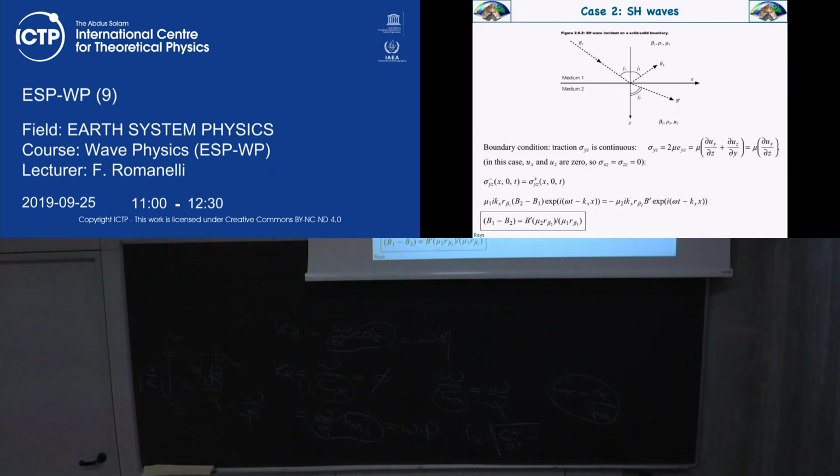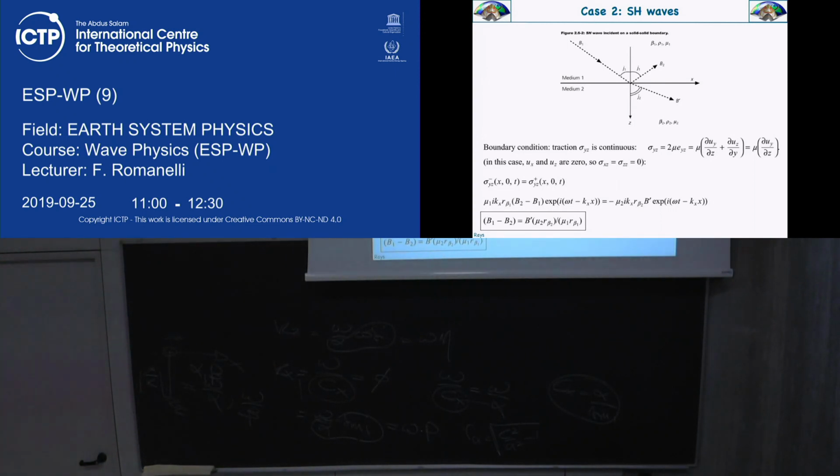And the strain is this. But uz is not entering into this game. We have just uy. So there it is. Now we have to remember that mu is different on top and on the bottom. So the two expressions that have to be equal here, now you have to take the derivative with respect to z. This is bringing down the k's.